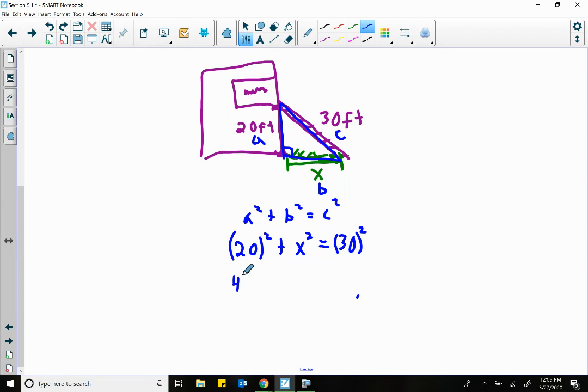So 20 squared is 400 plus x squared. 30 squared is 900. The second step says do adding or subtracting, so I've got to move the 400 over here. So I'm going to subtract. 900 minus 400 tells us that x squared is equal to 500.